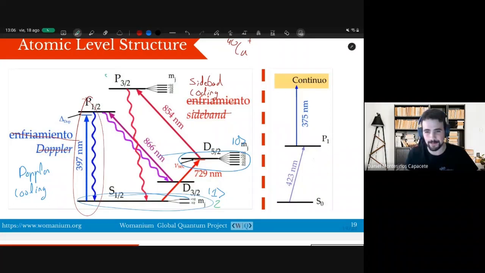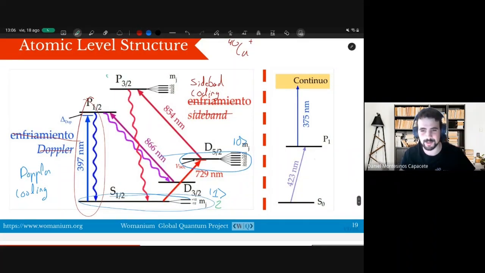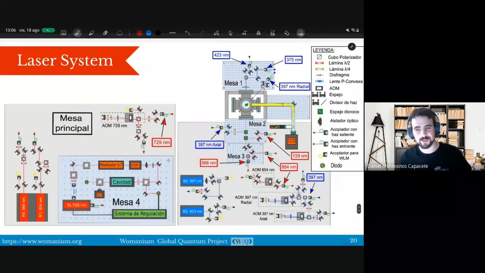And apart from that, we are trying to control the energy state of the outer electron of the atom using lasers. Even though I know how it works, it still sounds amazing. So in order to do this, don't think that this is something easy to do for sure.